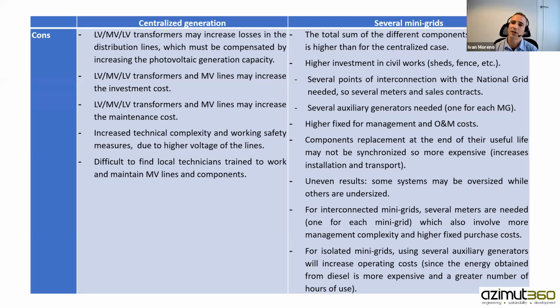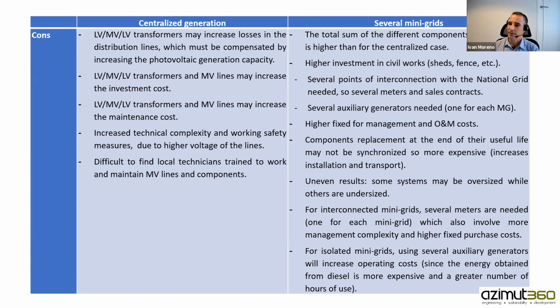So then we have several generators, and that means a lot of maintenance, and then we have higher fixed operation and management costs. It's clear we have different villages to do the maintenance and operation of their resources. It's more complex to manage a team or to have the proper resources at each site when they need those services.